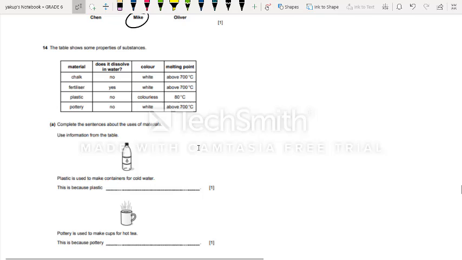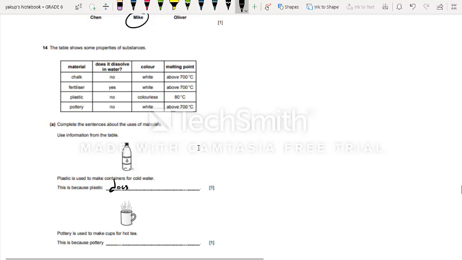Okay, question 14. The table shows some properties of substances here, guys. Question A. Complete the sentences about the uses of materials. Use information from the table. Plastic is used to make the containers for cold water. This is because plastic is, guys, what?